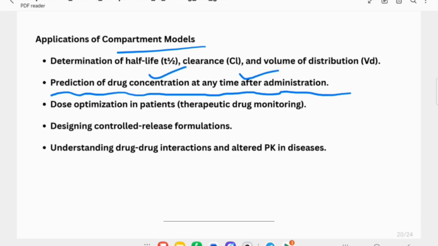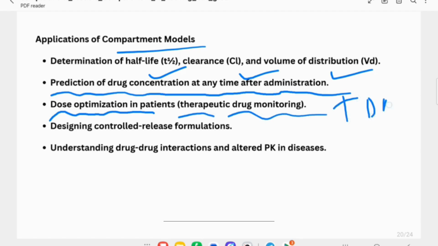Then the next application is dose optimization in patients, that is therapeutic drug monitoring, TDM. We can also use these compartment models for the design of controlled release formulations.